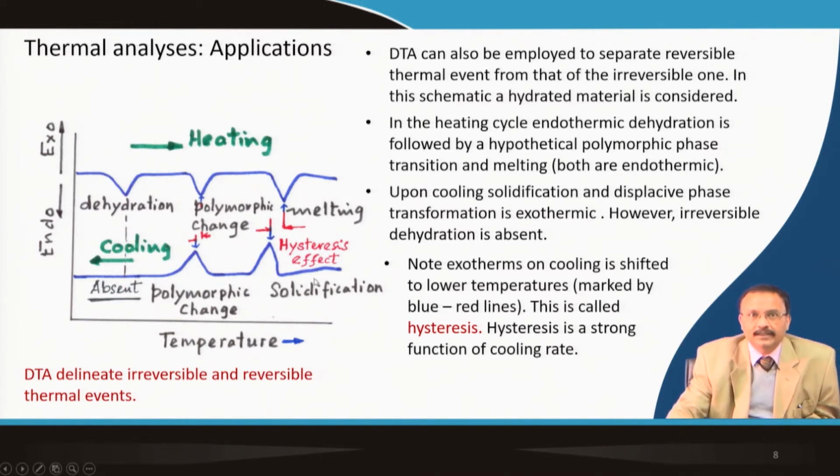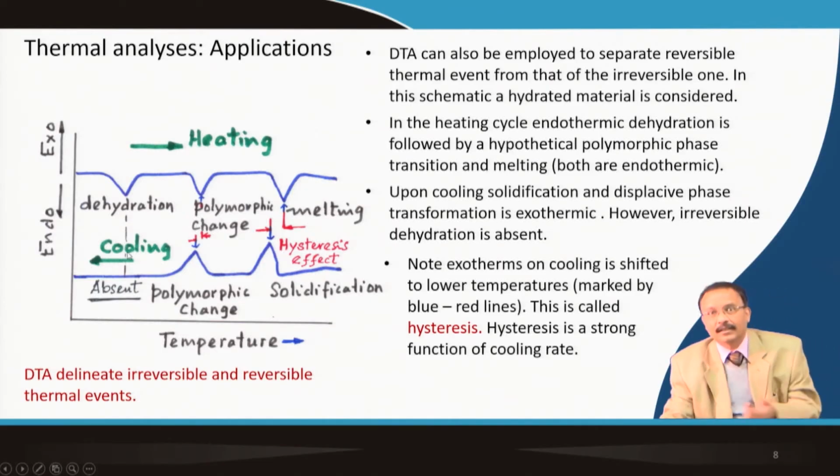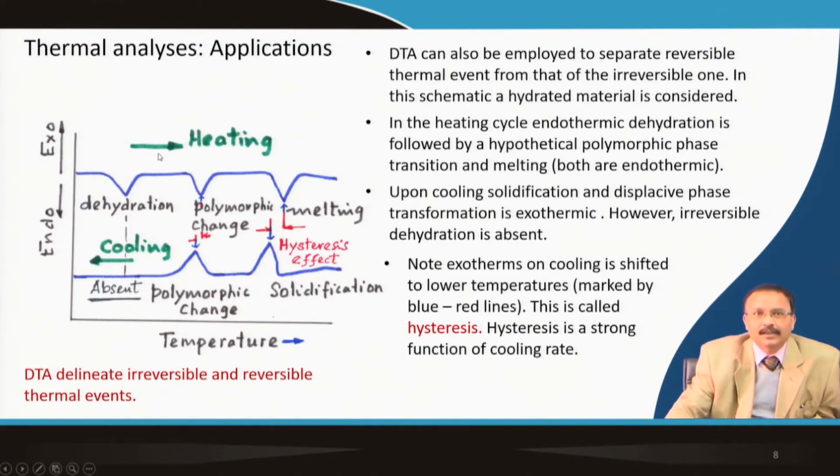When you cool it, this melting transition is replaced by solidification, and then the polymorphic transition, which is displacive in nature. So, again there is a signature for this, but dehydration is an irreversible phenomenon, so it does not appear here.